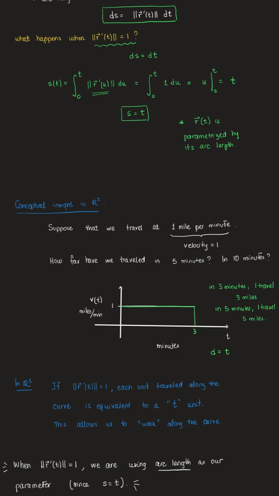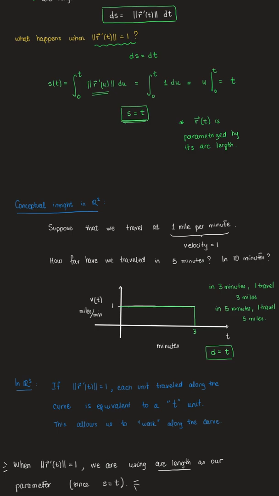Distance equals time, because if I'm always traveling at 1 mile per minute and I go 10 minutes, then I've traveled 10 miles. 30 minutes, I've traveled 30 miles. That's what we mean by what we just did above: when the magnitude of r prime is 1, the length of the curve equals that parameter t.